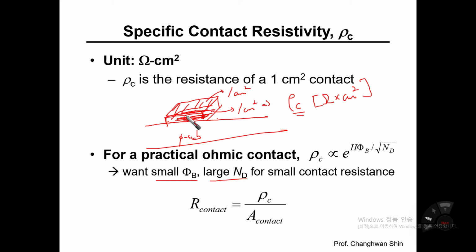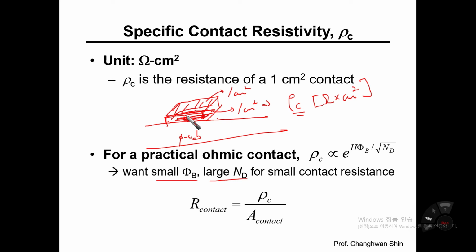Why is that? Because the MS contact itself works as a kind of barrier when it comes to flowing current in an integrated circuit chip. So the smaller, the better. Herein, please remember the definition of specific contact resistivity, which has been widely used in industry.